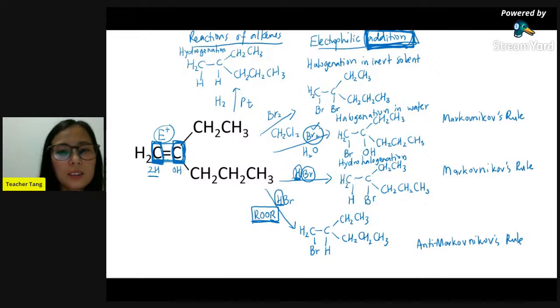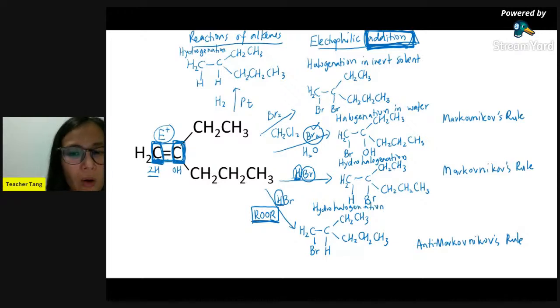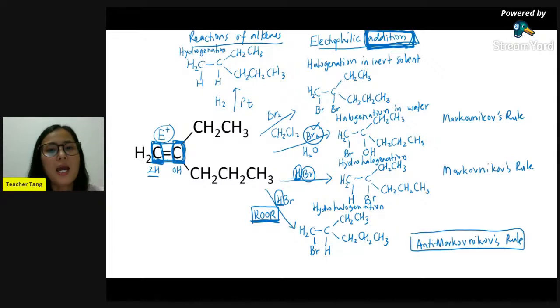And the Br needs to go here. Okay, so this is also a hydrohalogenation reaction, but because of the peroxide, it is anti-Markovnikov's rule.